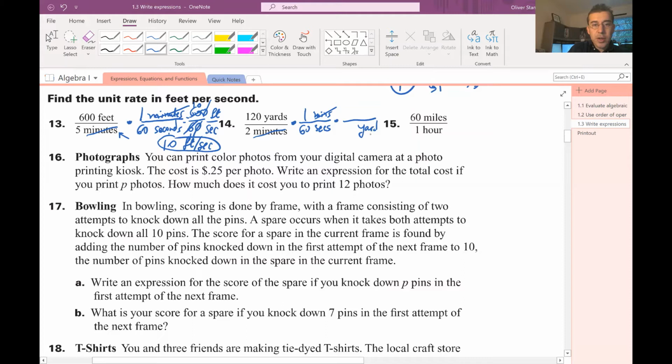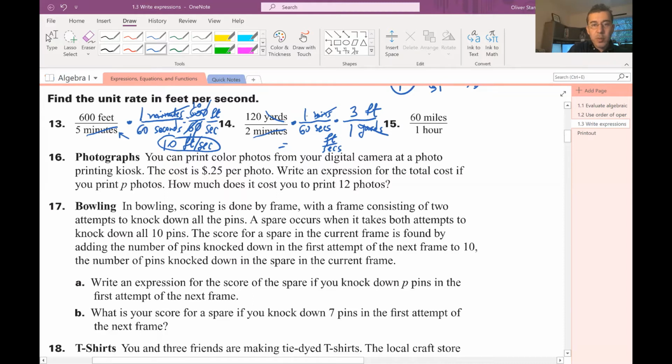So yards and yards cancel out, and we need feet on the top. So we can say 1 yard has how many feet? 3, right? So yards and yards are going to cancel out. So now we have feet over seconds, right? We have feet here and seconds here. So the final unit rate is feet over seconds, and then we just have to multiply these.